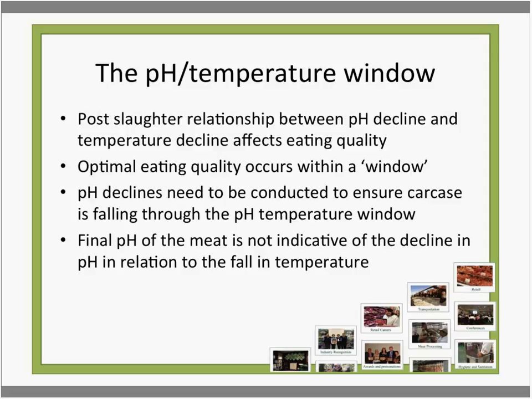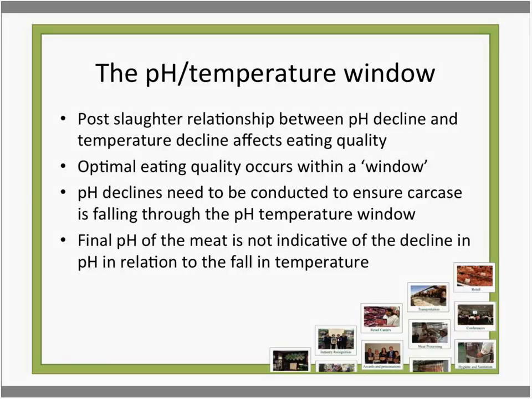It's important for us to monitor this so that we can ensure that all the things that can change that pH decline, which we'll go into in a minute, affect that window and you're meeting that window.